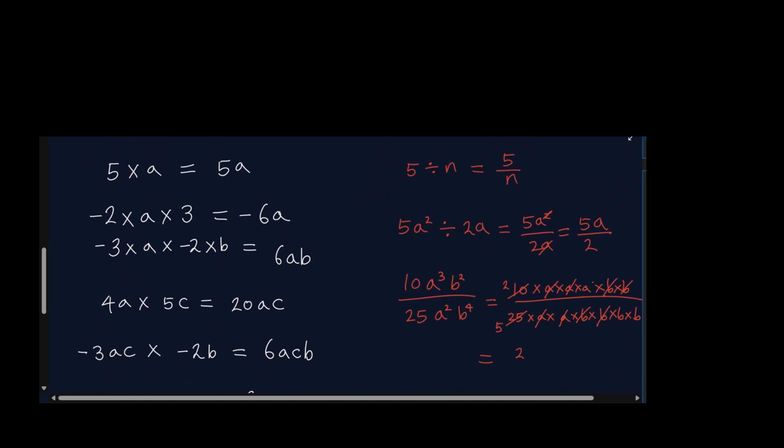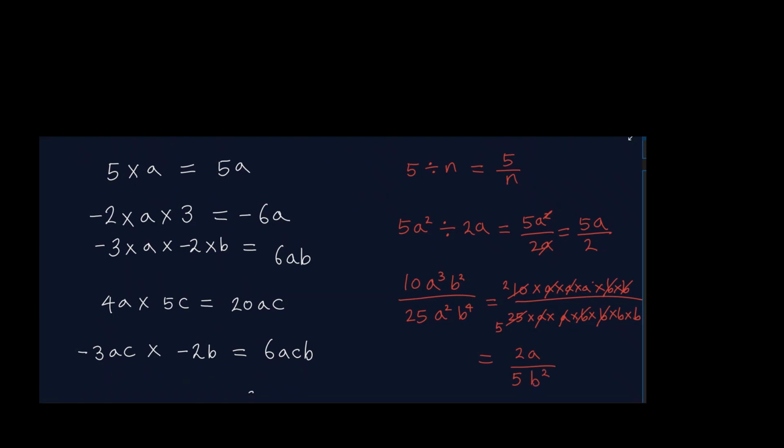And which letters are left? We got A on the top, and then the number 5 left at the bottom here. And there are B times by B, so we have B squared like that.